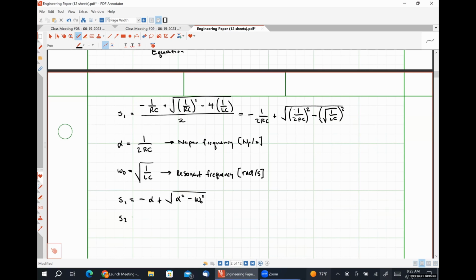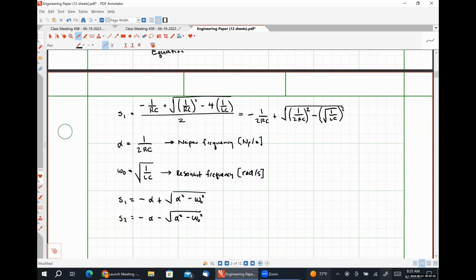And S2 would be negative alpha minus the square root of alpha squared minus omega naught squared.